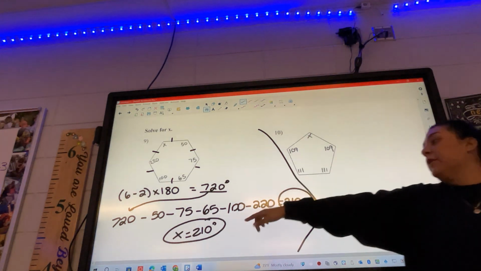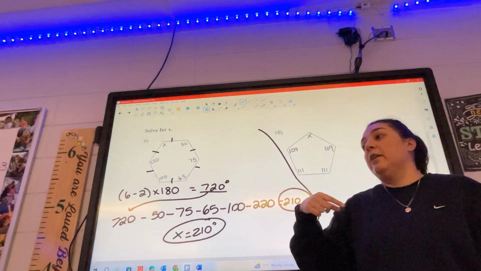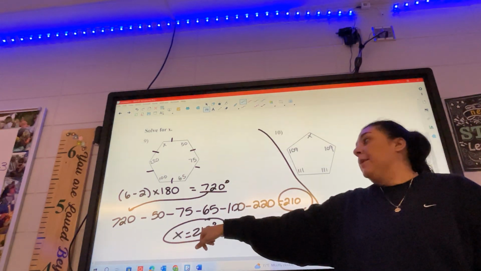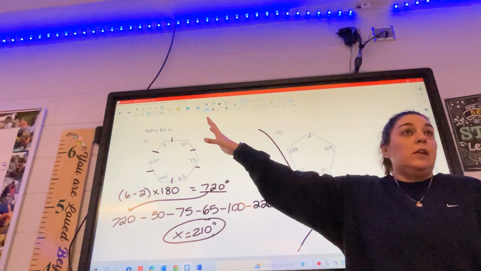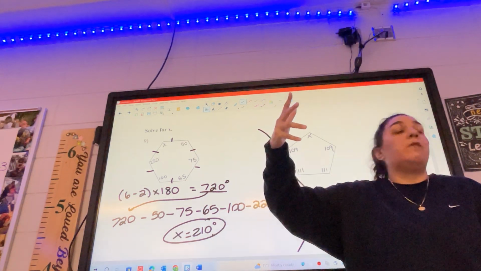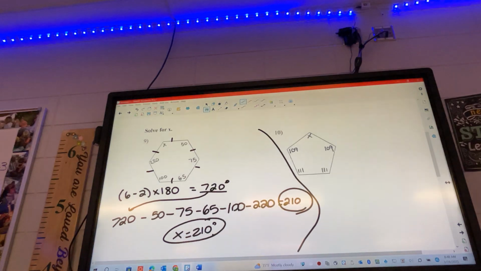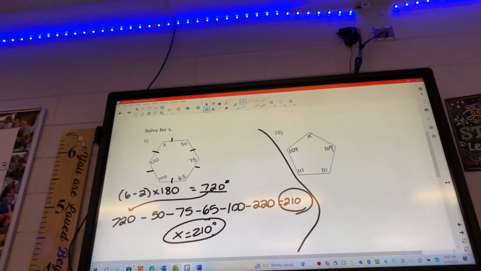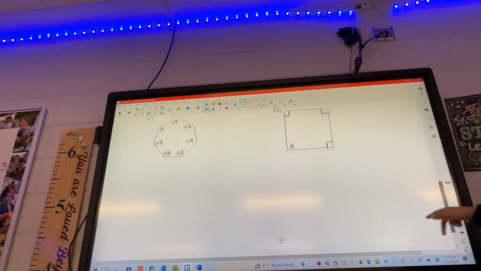If you showed all this work and you accidentally got the wrong answer, it's just going to be minus 1, okay? If you just write me 210 and the answer is 220, you're going to miss all 5, because I don't know where any of your numbers are. For all I know, because students do it, you just picked a random number and put 99, okay? So you do miss every single point. So I like to tell you guys that just in case you would like to write the work down.